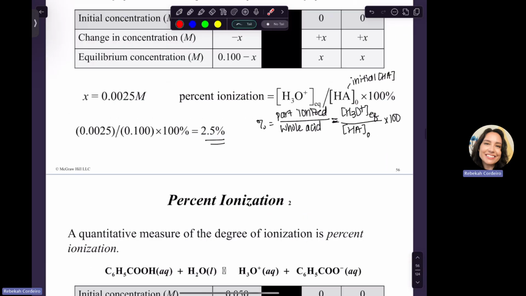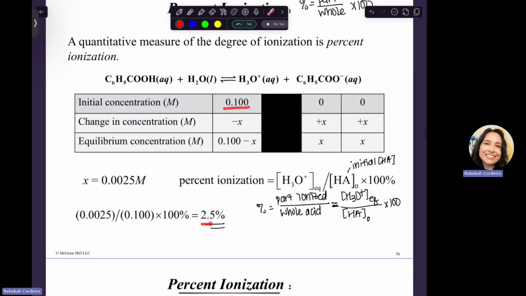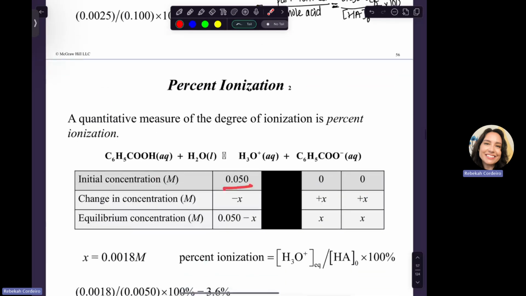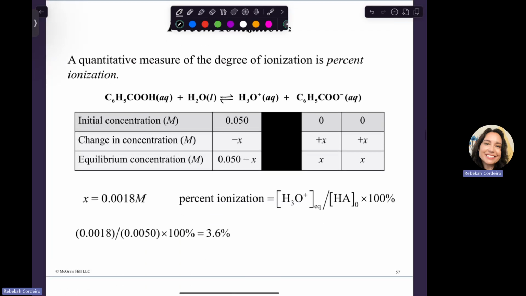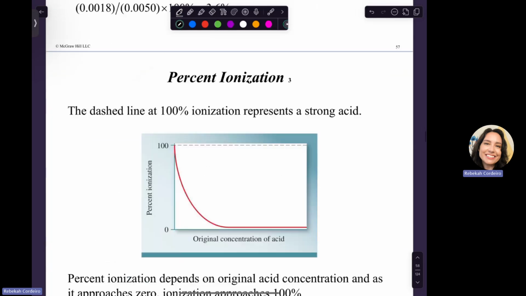So what's different here? If we started with 0.1, our percent ionization was 2.5. Let's start with 0.05. So let's lower our concentration and just see what happens here. Lower the concentration and do the same percent ionization math, we actually get 3.6. So we can see that lowering the concentration raised the percent ionization.